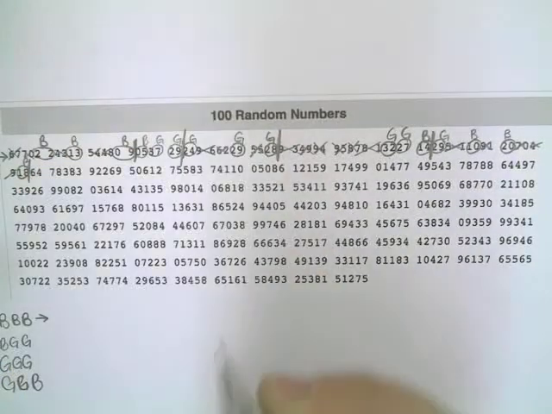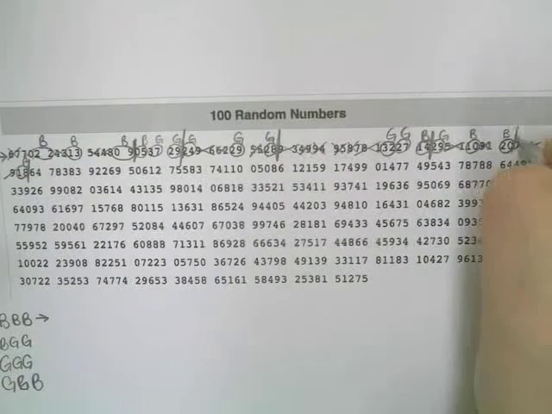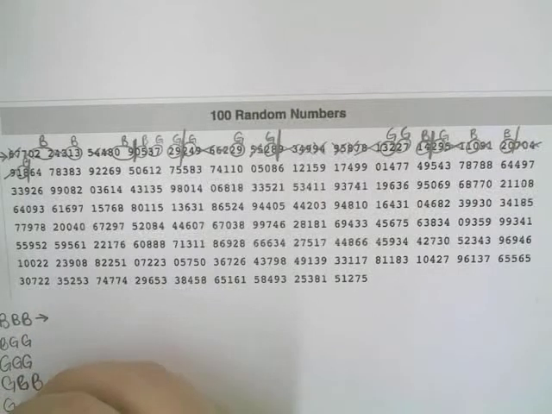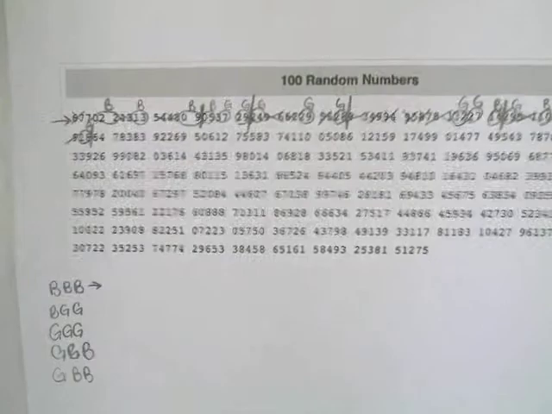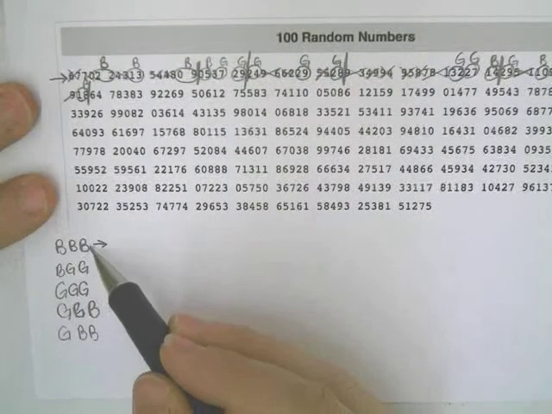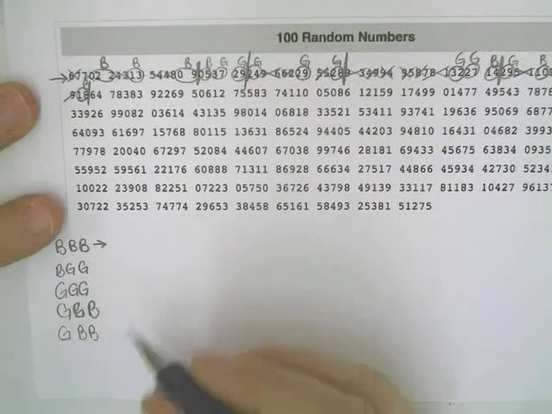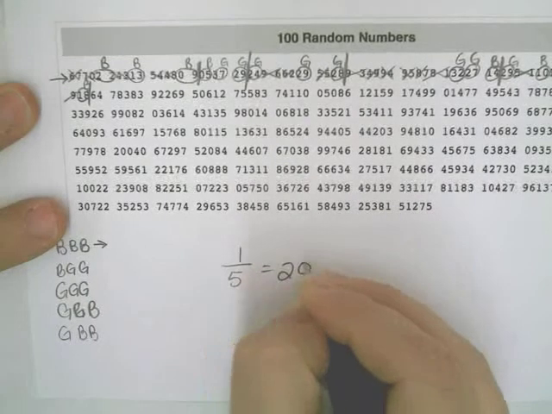So now, oh, I did too many. So it's girl, boy, boy. So if I were only doing 5 trials, I had 3 boys show up, assigned randomly, in 1 out of the 5 trials, which was 20% of the time.